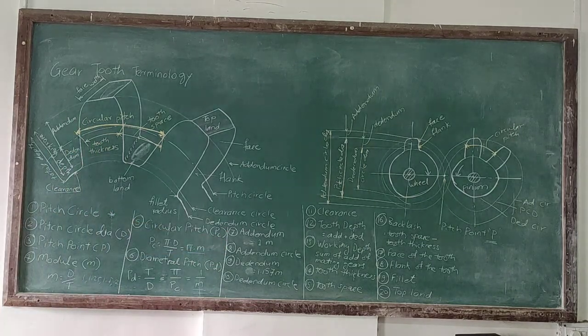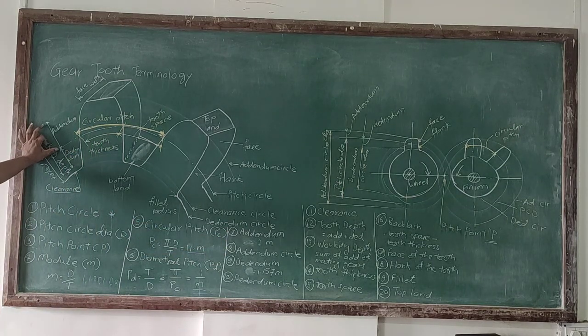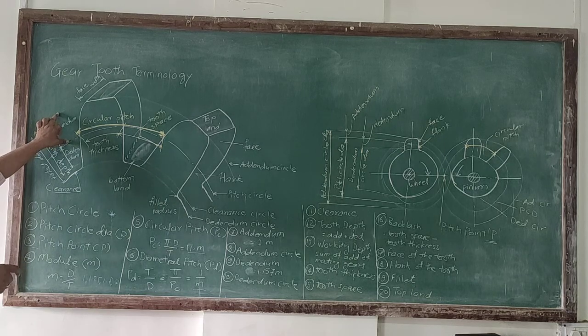What exactly is addendum? Over here you can see what exactly addendum is. Addendum is nothing but the distance measured radially in the upward direction from the pitch circle to the addendum circle.